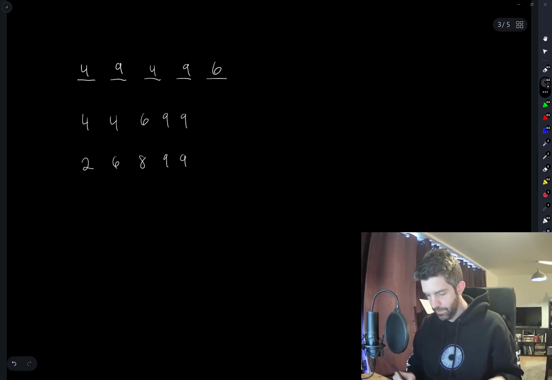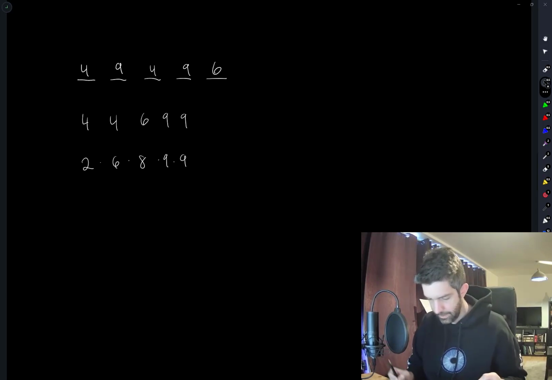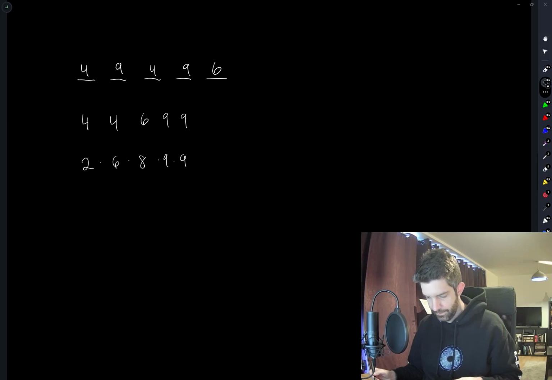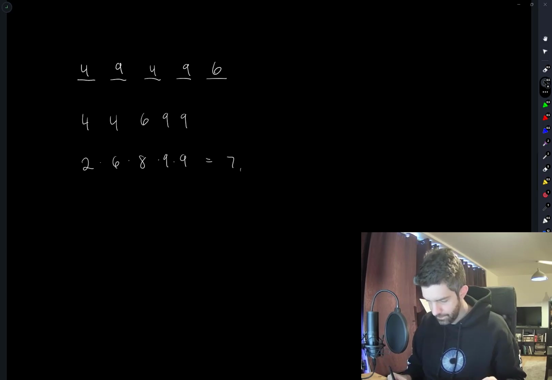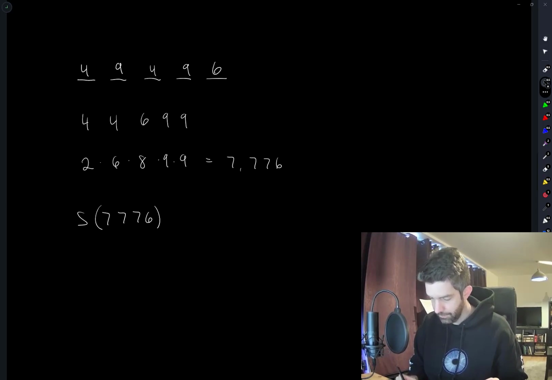And what is this? When I multiply these together, what do I get? So S of 7, 7, 7, 6, I believe, if I did this correctly, is 2, 6, 8, 9, 9.